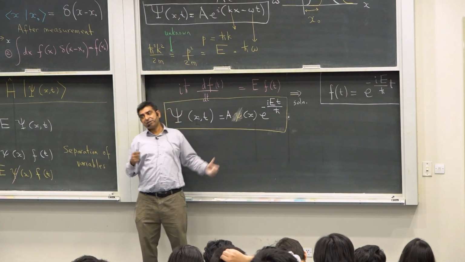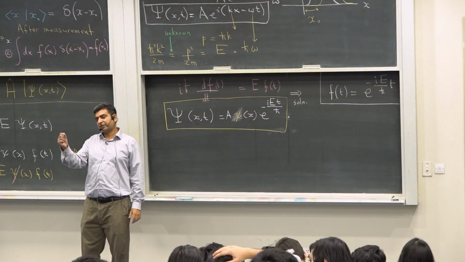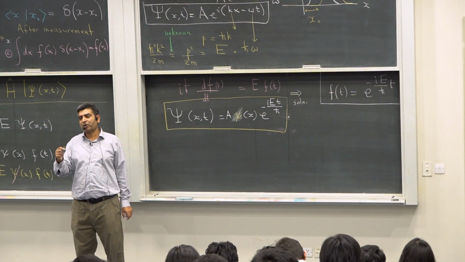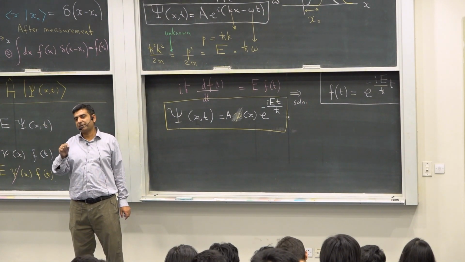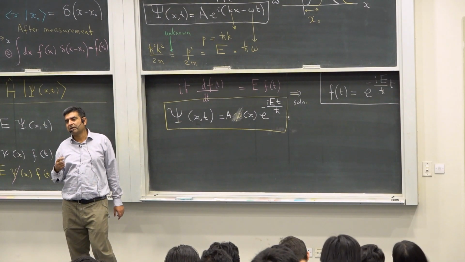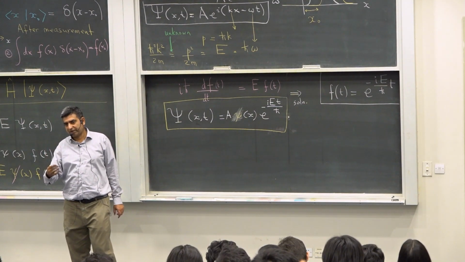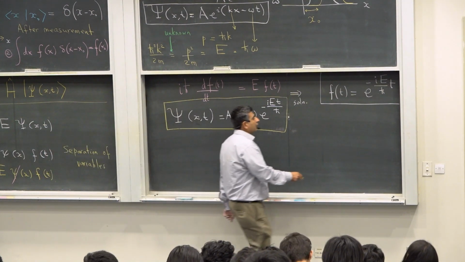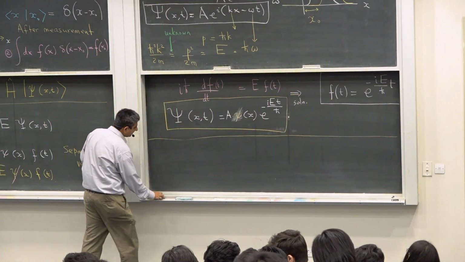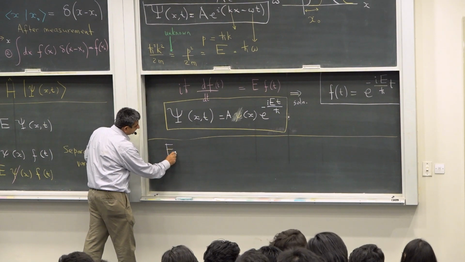This spatial part, the space wave function, is what needs to be determined, and that comes from the time independent Schrodinger equation. Now I cannot derive this time independent Schrodinger equation, but I can invoke it or motivate it. That's what I'm going to do right now. Consider a free particle, just a free particle.